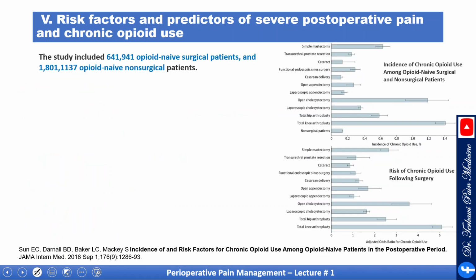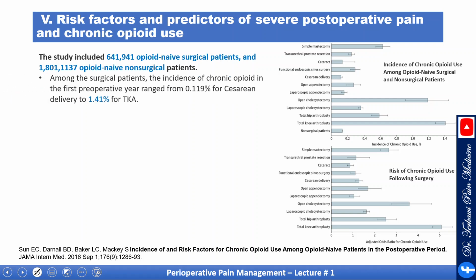Here is another study, with a very large sample size, from Stanford. The study included more than 500,000 with surgery, actually, and almost 2 million with no surgery. Among the surgical patients, the incidence of chronic opioid use in the first preoperative year ranged from 0.119 to 1.4.